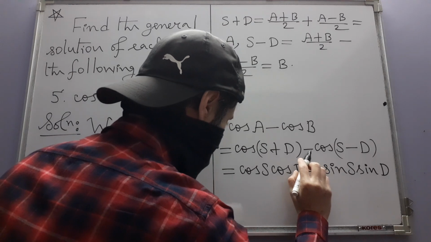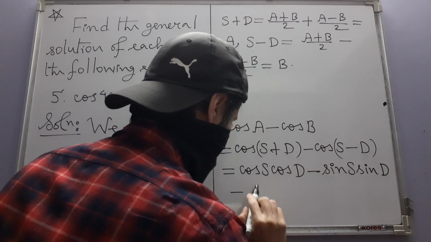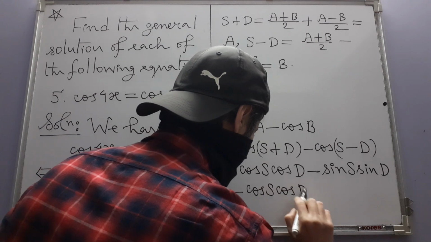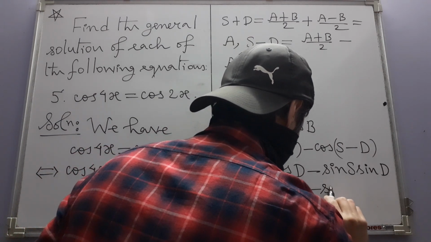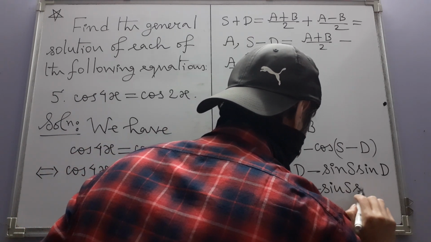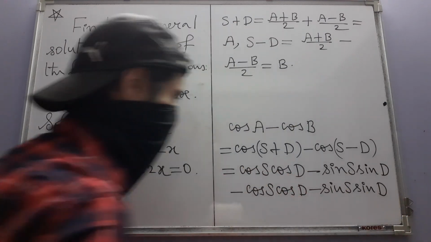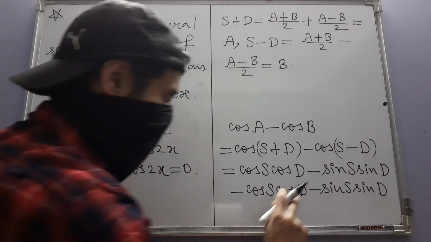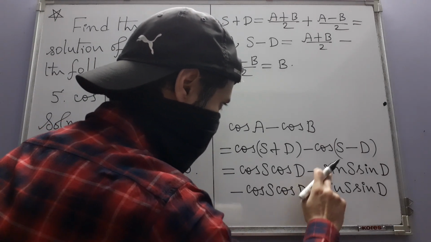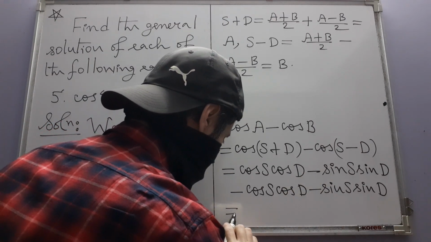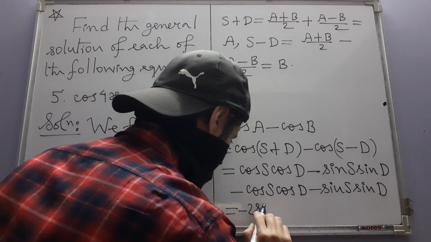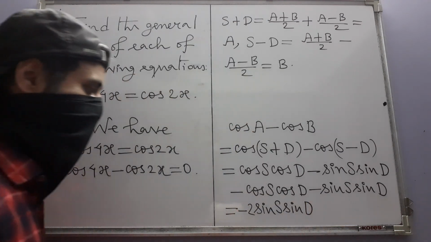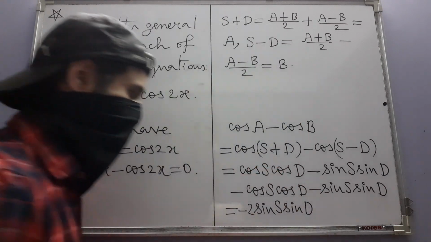But there already is a minus in front, so it will be cos S cos D minus cos S cos D minus sin S sin D. So these two terms cancel each other, and here we have 2 times the same thing, that is minus 2 sin S sin D, and that's just it.